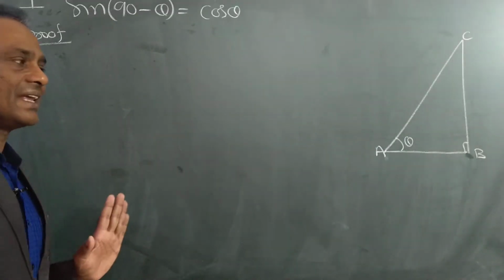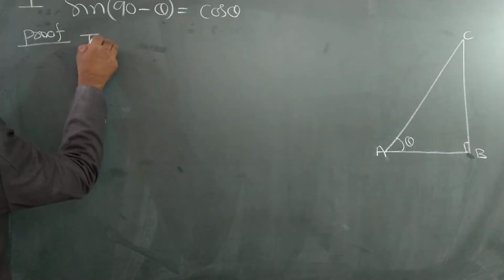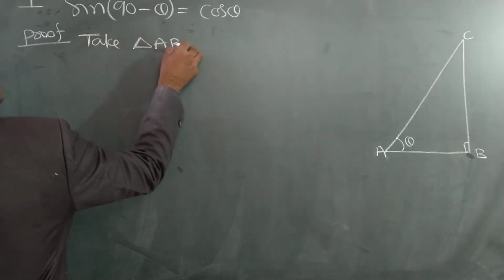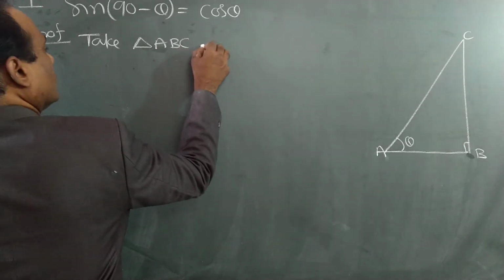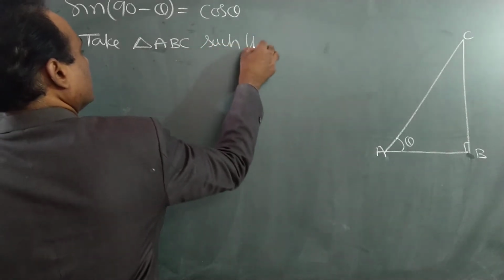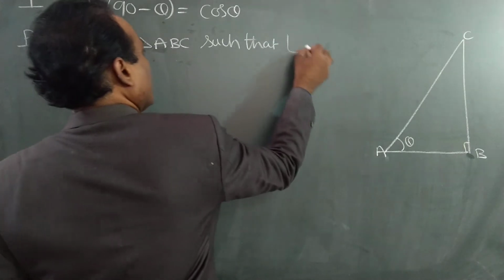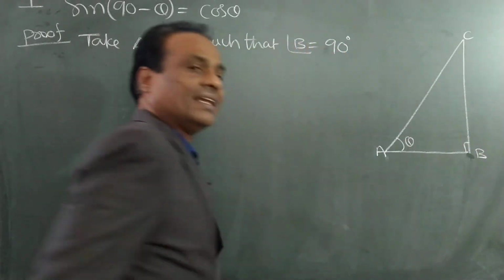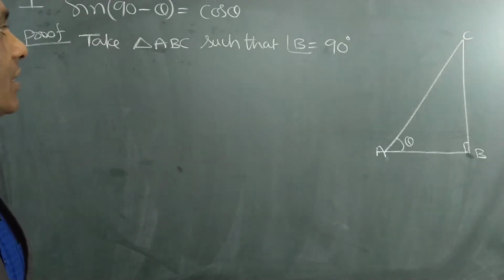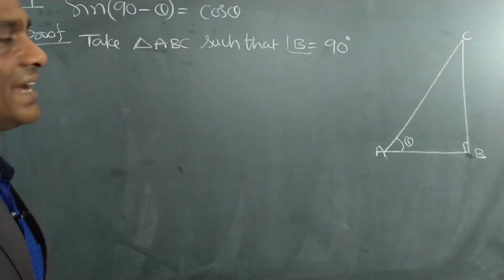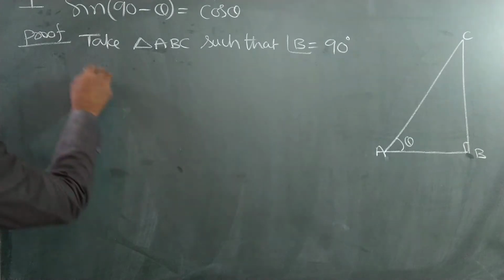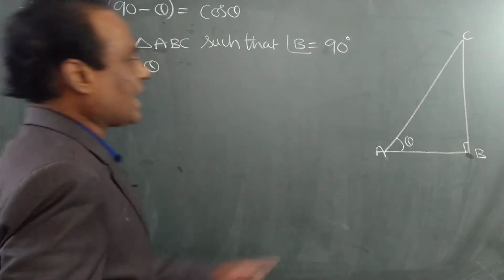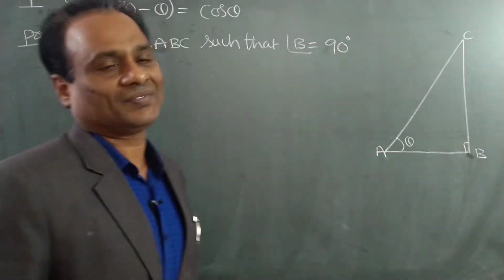Write down: take triangle ABC such that angle B is equal to 90 degrees. I am taking this angle as 90. Angle B is equal to 90 degrees. Let angle A be equal to theta. This angle I am taking as theta.